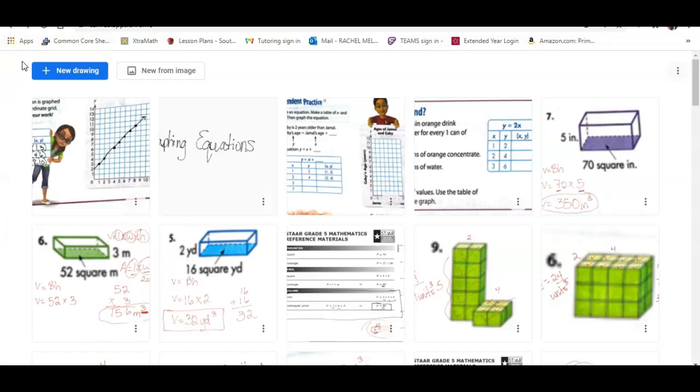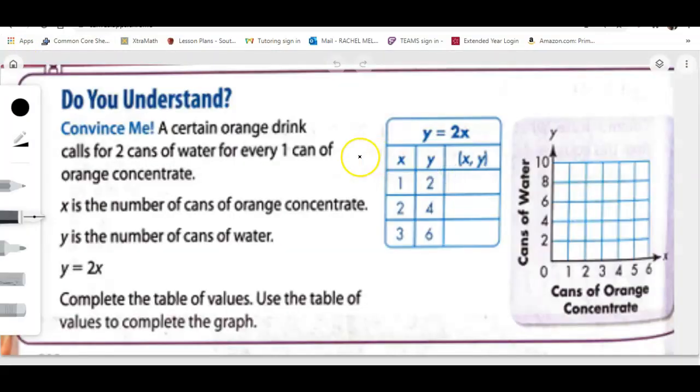Okay, looking at our next problem. Okay, so they're telling us over here the context of the problem. So it says a certain orange drink calls for 2 cans of water for every 1 can of orange concentrate. So they're giving us a context.